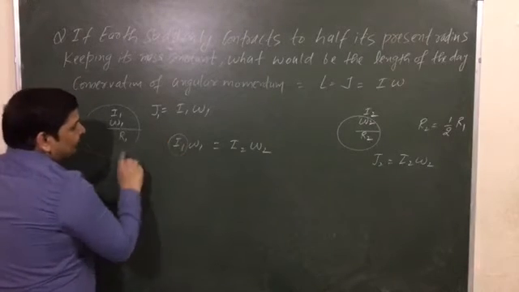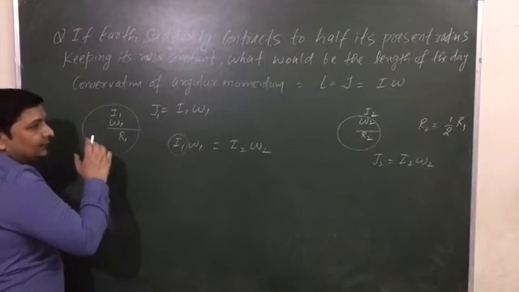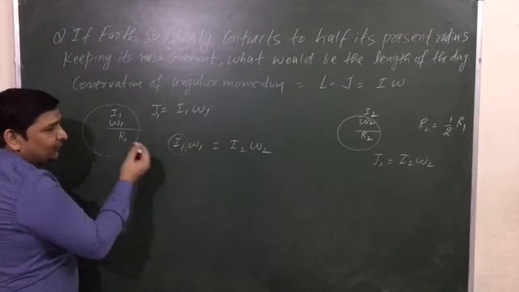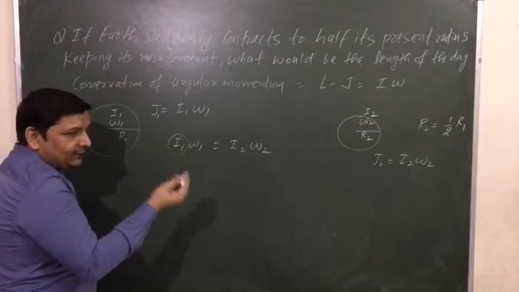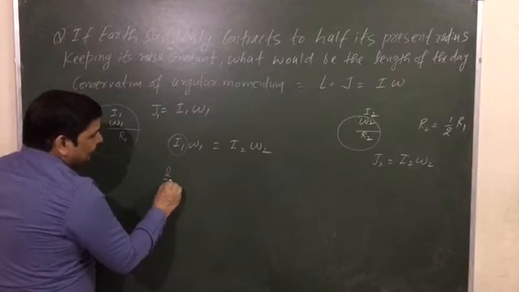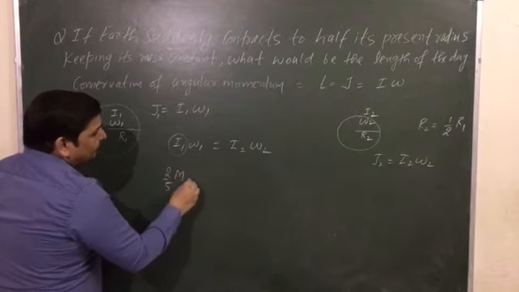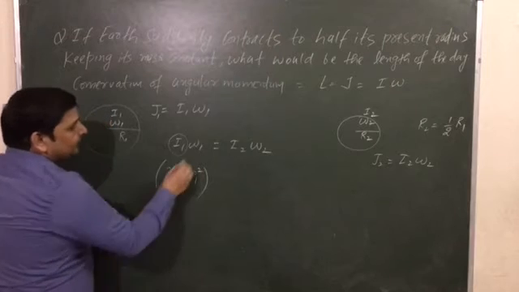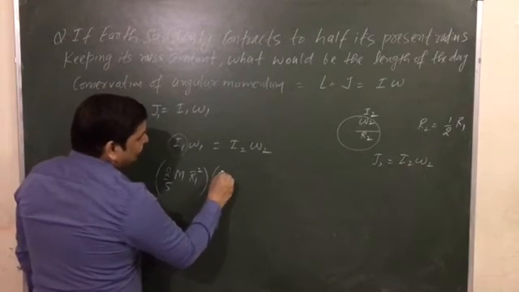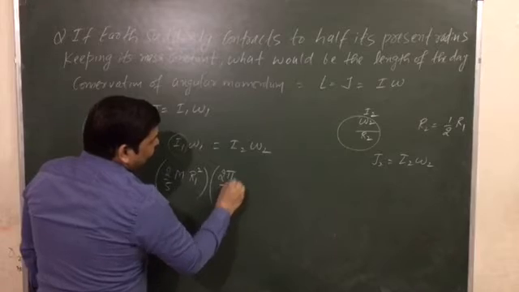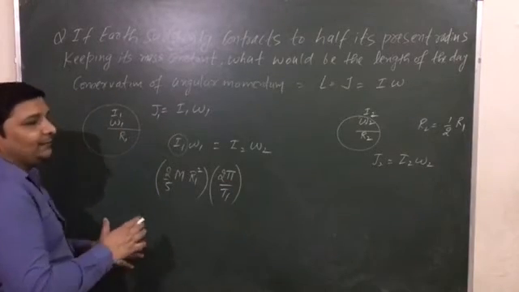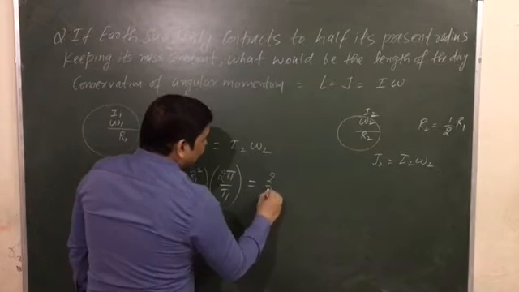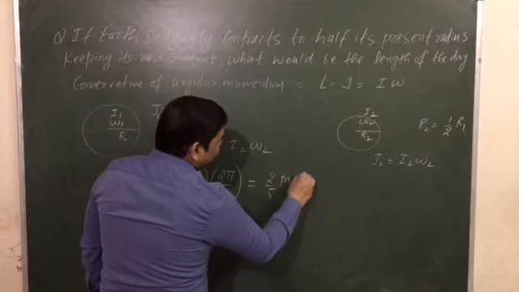Now, what is the moment of inertia of a spherical shell? We know that moment of inertia of Earth or spherical shell is given by 2 by 5 m r square, so 2 by 5 m1 r1 square into omega 1. Omega 1 is given by 2 pi by T1. Now, I2 is given by 2 by 5 m r2 square.